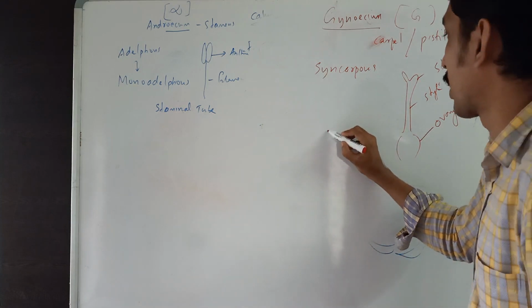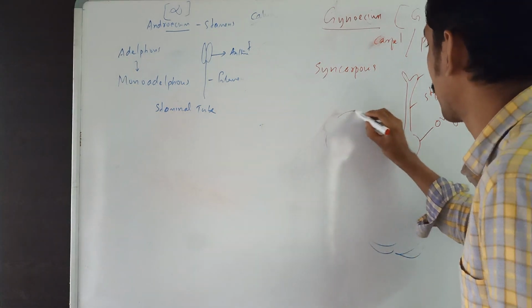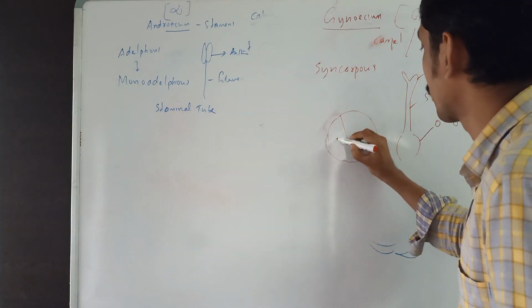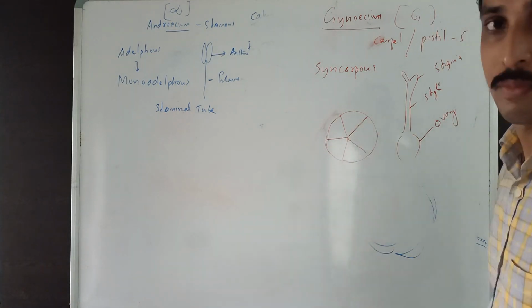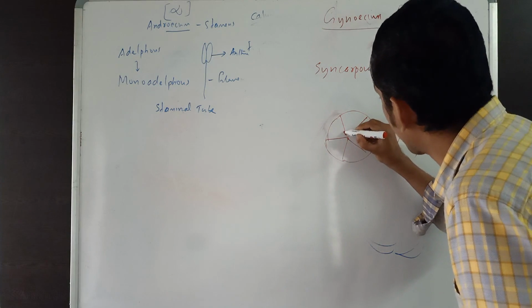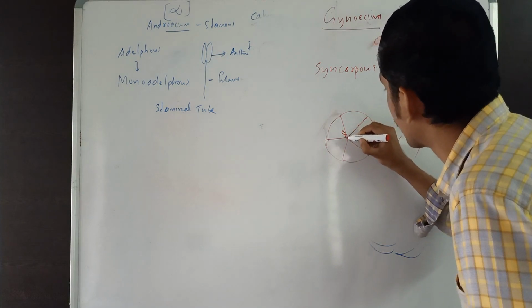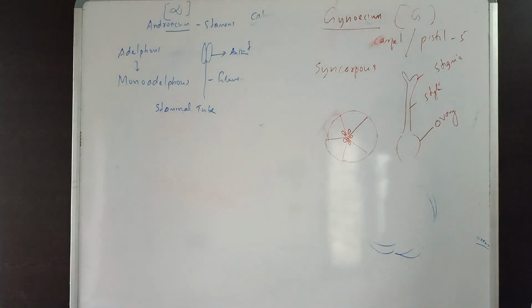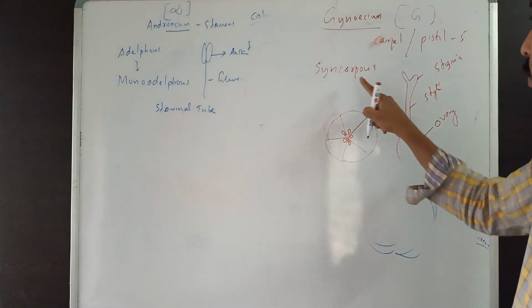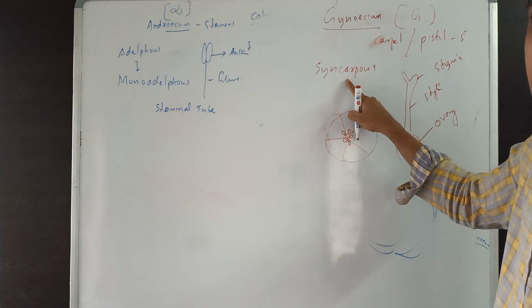All the carpels are united into a single structure like this. 1, 2, 3, 4, 5. And within that carpel, we can see 1 or 2 ovules. So the position of ovule is axillary. So gynoecium is made up of 5 carpels.